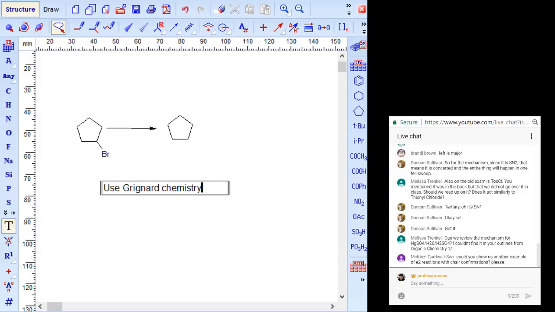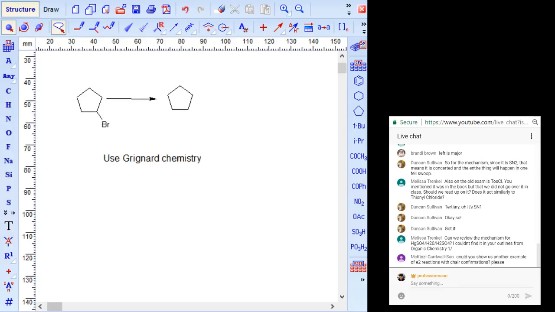And then let me pull that window up. What is this? Okay. And then Melissa, that is a really long mechanism and it's difficult to show on here. I will try. And then, Mackenzie, I can definitely give you another example of one of those.